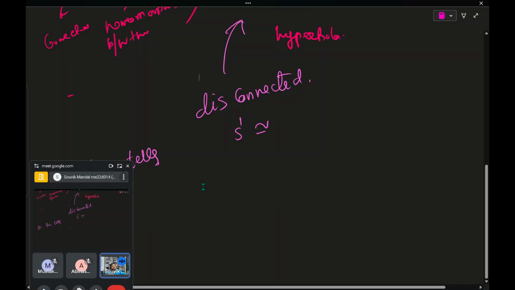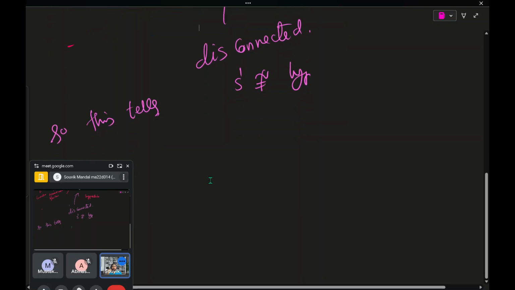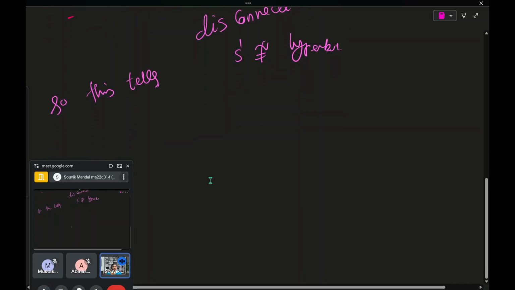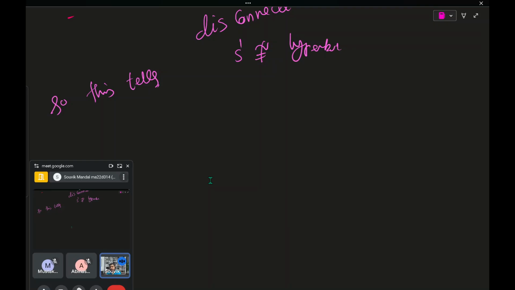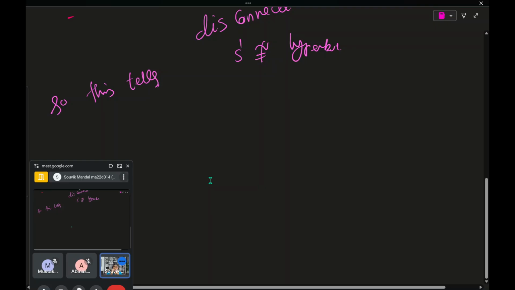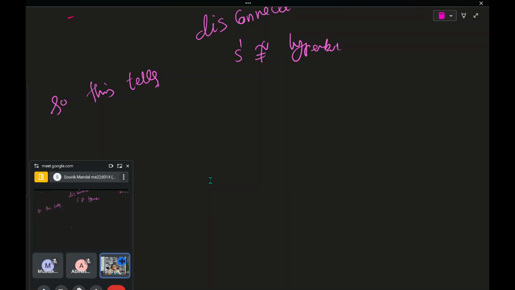Why? Because under a continuous map, a connected space maps to a connected space.